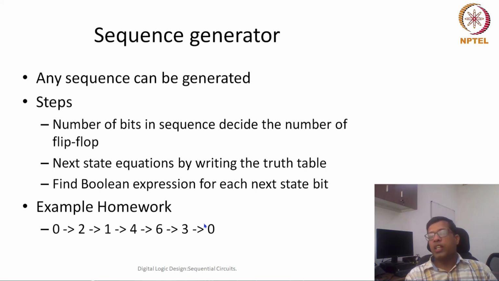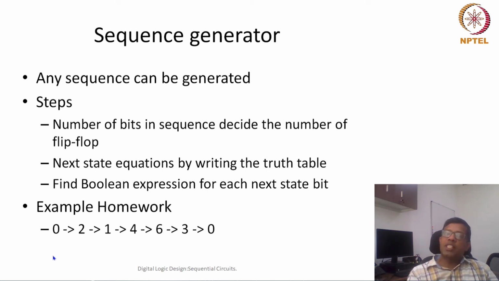Now after that we can write a truth table. In the truth table, let's say the present state is 0, then the next state is 2. If the present state is 2, the next state is 1. Similarly, the present state is 1, the next state is 4. So for all the transitions we write the present state and the next state.